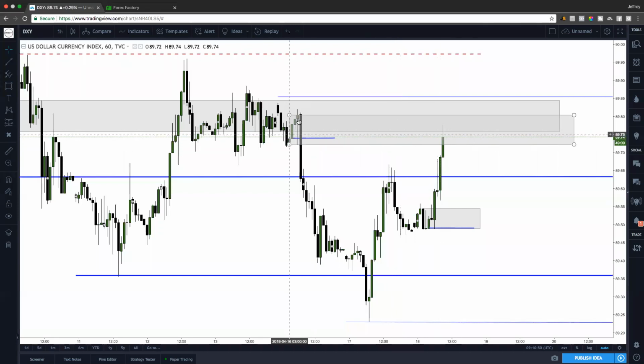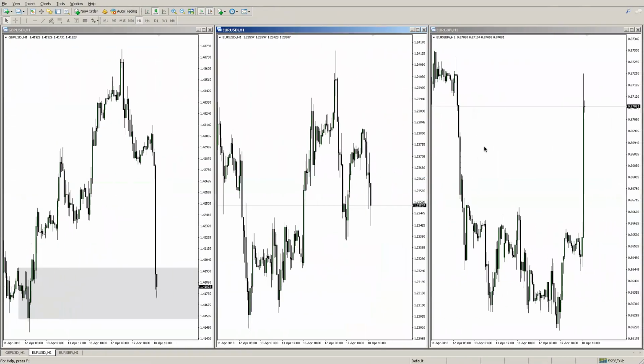We marked out from the beginning of the session, though, that we said we could get a retracement into this ICT bearish order block. So whether they're going to be selling it or not here, we don't know until we see that in price action. But we can use Euro GBP just like we use the dollar index to determine the direction. So if Euro GBP is moving higher, that would mean higher prices in Euro, weaker prices in cable.